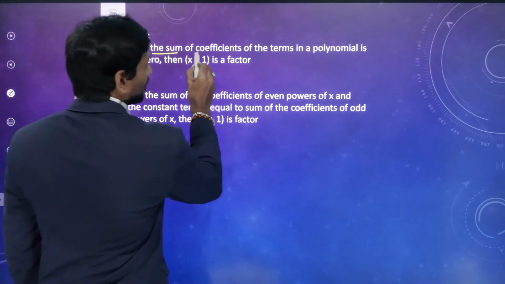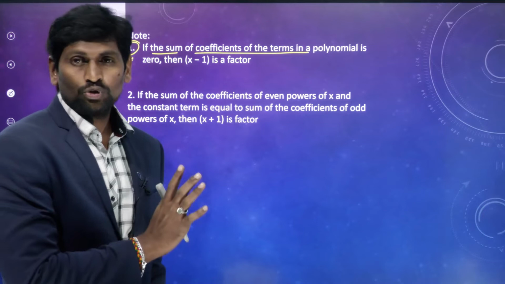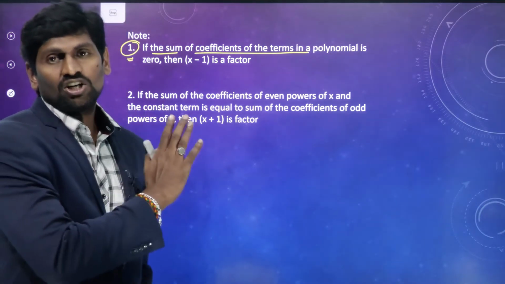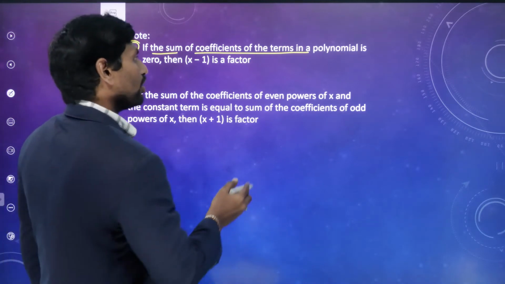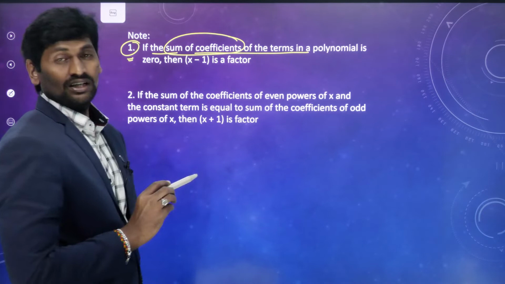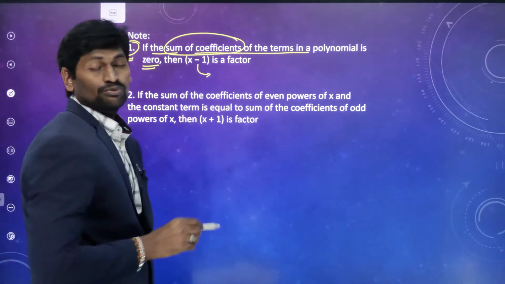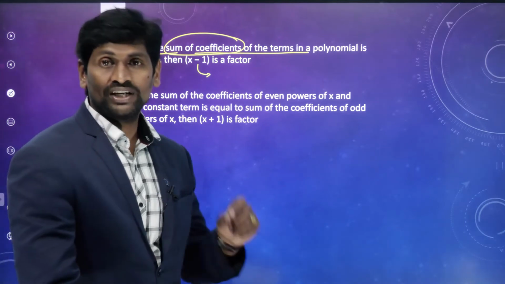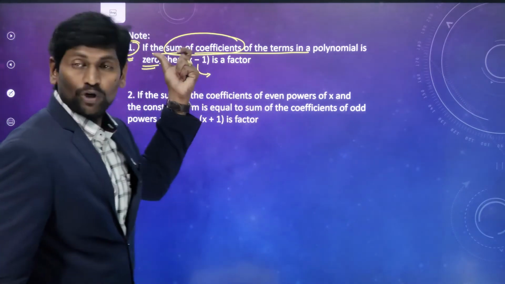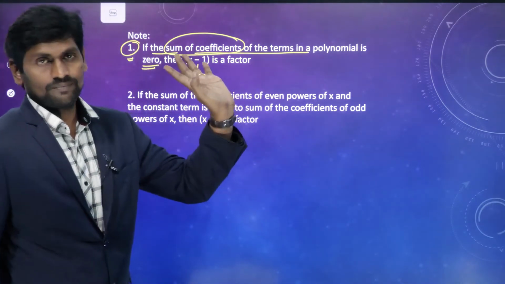If the sum of the coefficients, whether it is a cubic or biquadratic, whatever the polynomial is, we need to check all the coefficients and add them. If the sum of coefficients becomes 0, definitely x minus 1 will be a factor. That means 1 is the solution. If the sum of all the coefficients of a polynomial becomes 0, then x minus 1 is a factor.